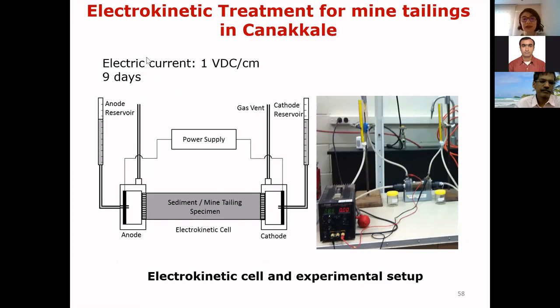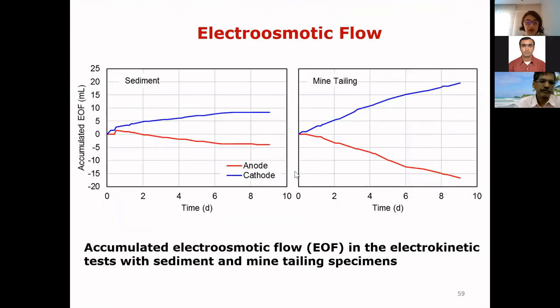We applied the electric current of 1 volt direct current per centimeter. After the application of an electric field to the specimens, it favored the formation of an electro-osmotic flow towards the cathode for both materials, but the tests with mine tailings show a constant flow toward the cathode.